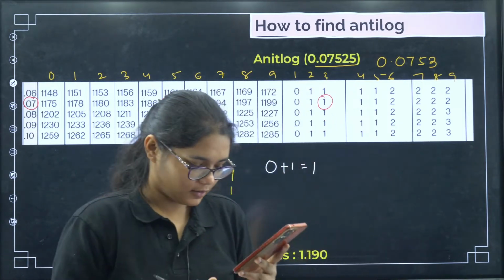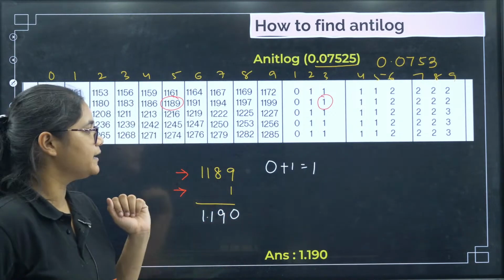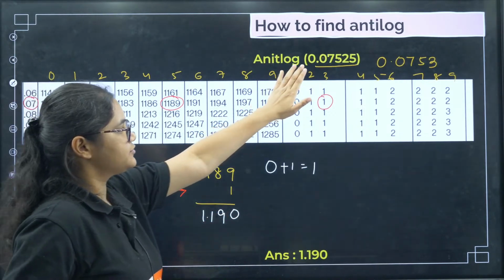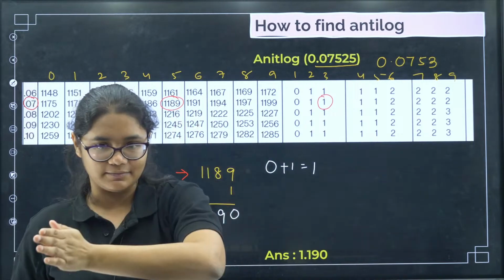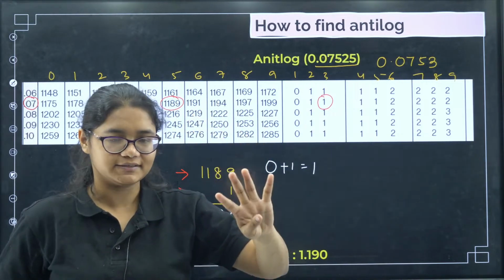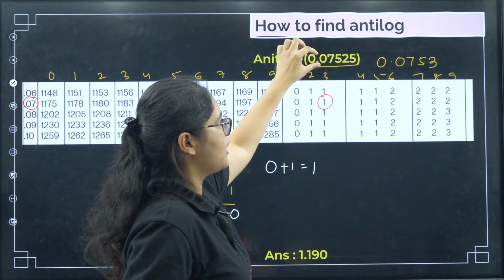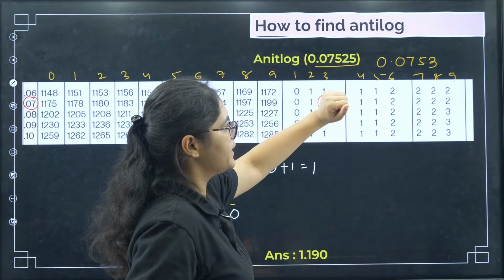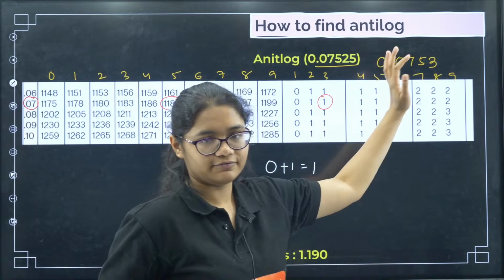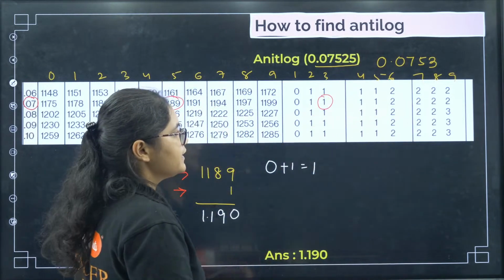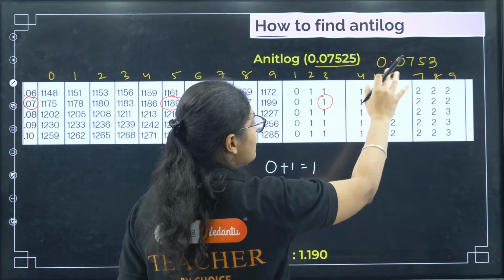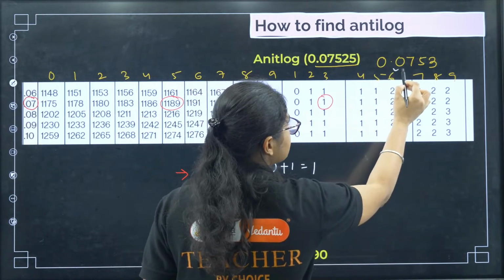Okay, Fatima, for repeating, yes, definitely I'll repeat. See, first of all, you should check that after the decimal in antilog there have to be 4 digits. Right now here how many digits do I have? 5 digits. I first rounded it off and I got 0.0753. Now I will take the first 2 digits.